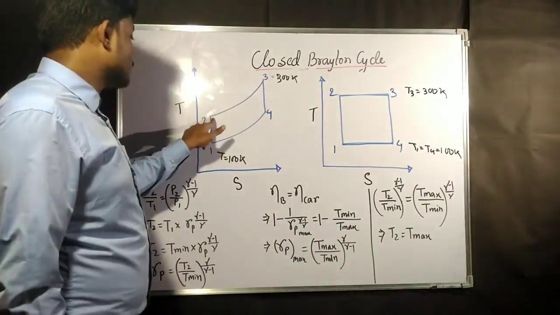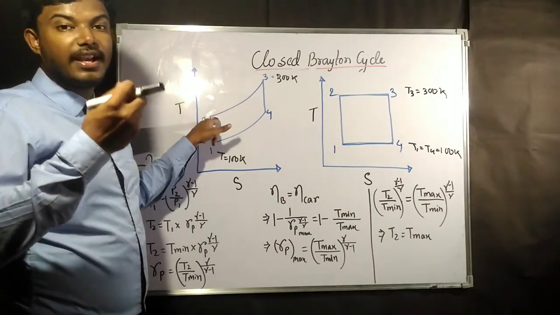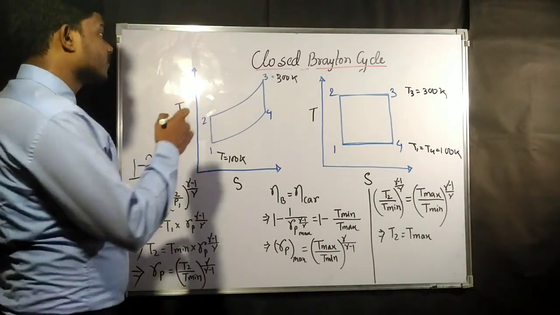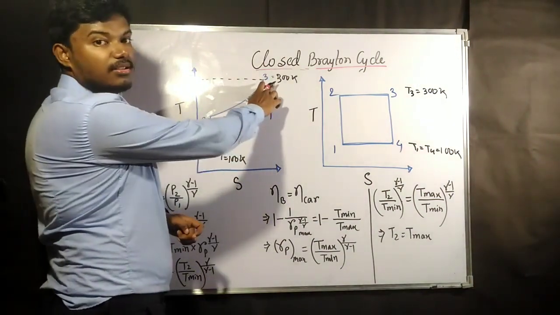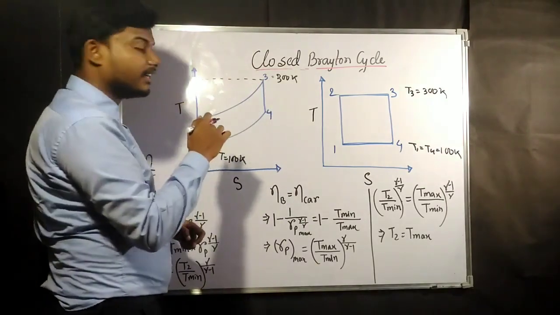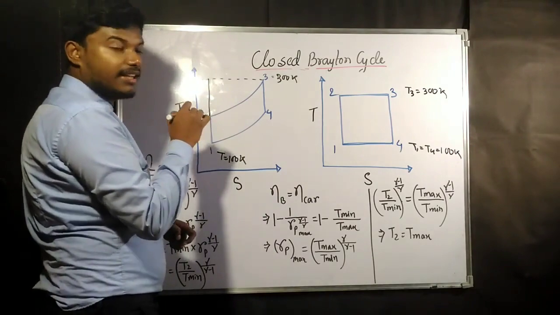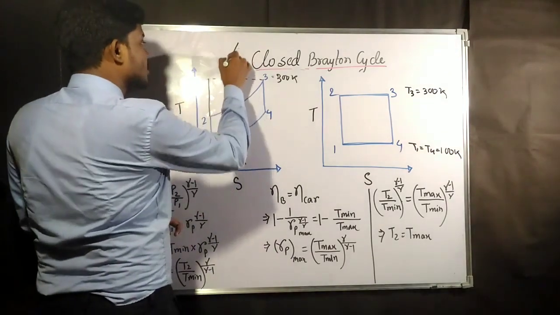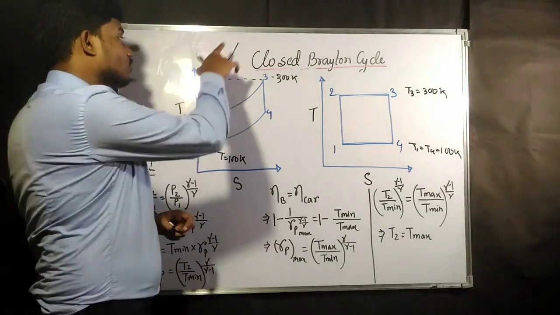That means your temperature at point 2 is going to be the maximum temperature if you want the maximum efficiency. Initially it was at point 3. Now T2 becomes the maximum temperature, and the constant pressure line goes like this, and the heat addition process is also at constant pressure.